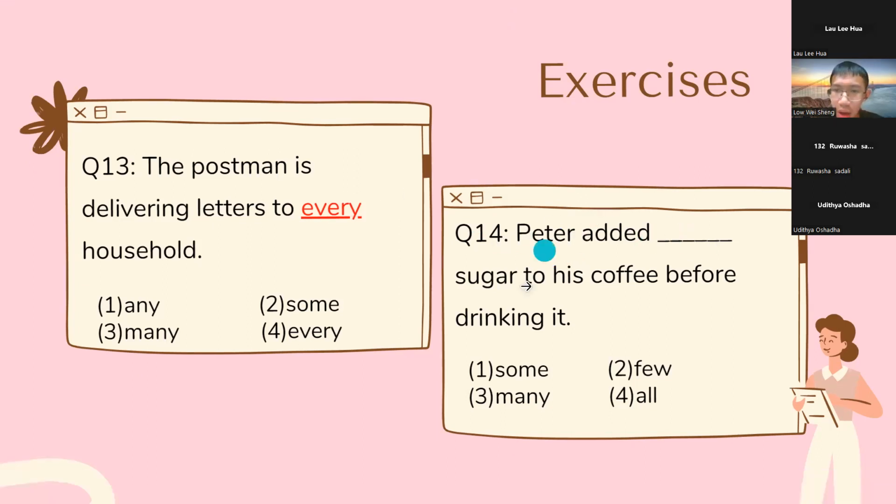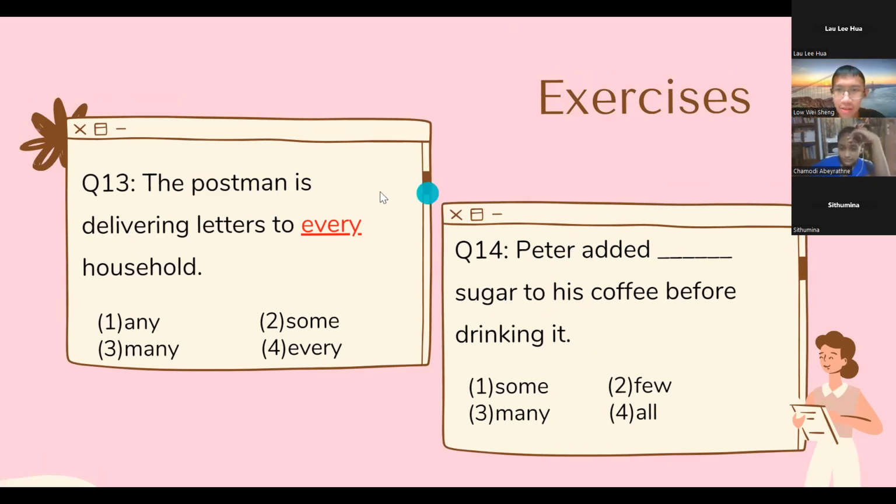So Peter added what sugar to his coffee before drinking it? Some sugar to his coffee before drinking. Okay, so a lot of everyone says some. Anyone else thinks there's any other response? No? Okay, so I'm not hearing any more answers. So everyone thinks it's some, and that is correct.